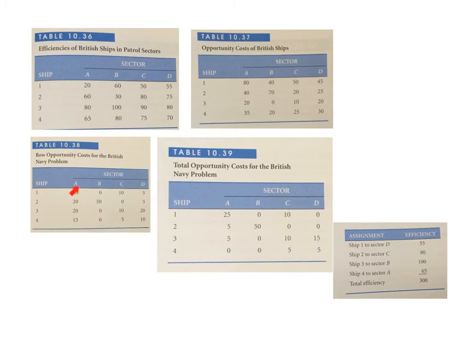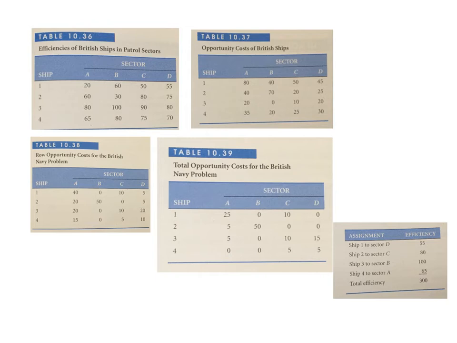So 40 minus 15 is 25, and 20 minus 15 is 5, and 20 minus 15 is 5, and 50 minus 15 is 0. Similarly for each of these columns, identify the minimum. Here 0, so no change. Here 0, so no change. Here 5. So we get this.